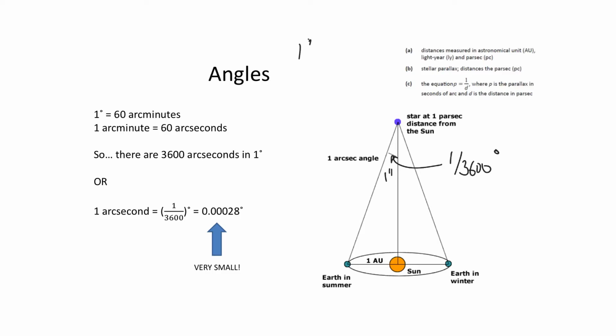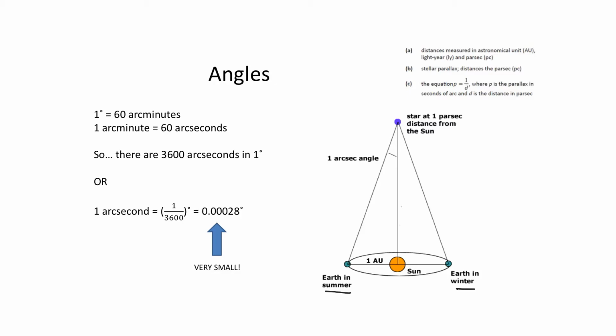So if that is the case, and the distance from the Earth to the Sun is 1 AU, which it is, then the distance from here to here is 1 parsec. So it's forced. We've made that as a distance based around the angle being 1 arc second. With this diagram, it's also worth mentioning why I've written summer and winter.